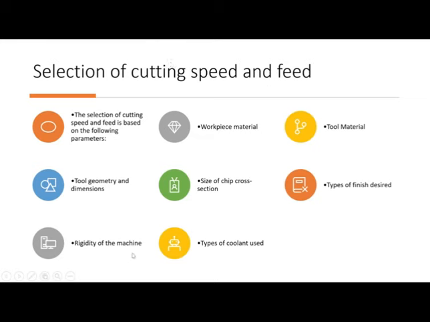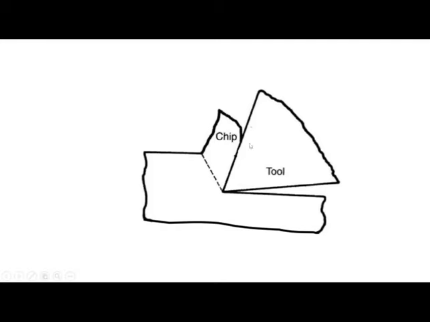Next, rigidity of the machine. This is also an important factor on which the selection of cutting speed and feed depends. And lastly, type of coolant used. Obviously there is heat generation between workpiece and tool.